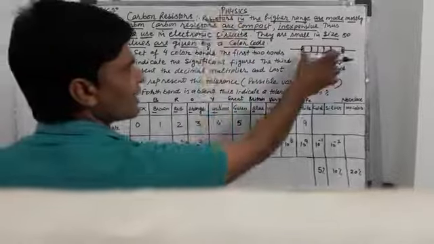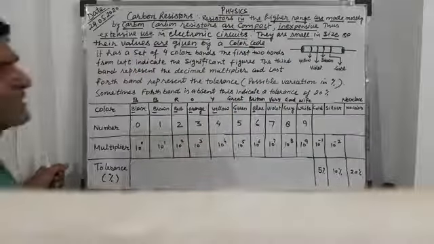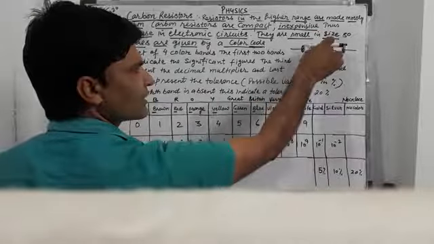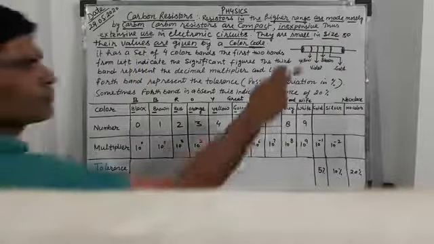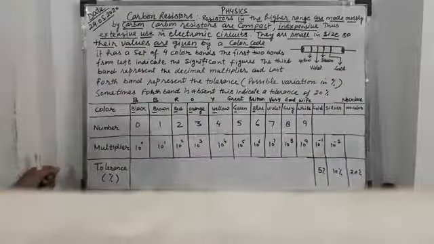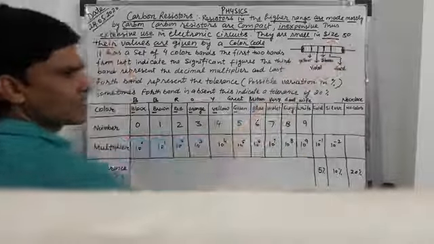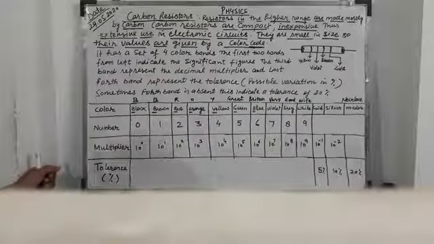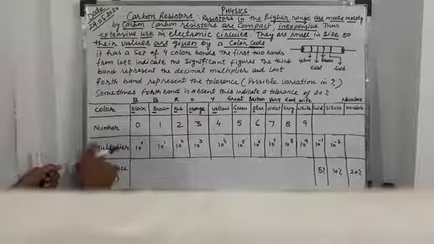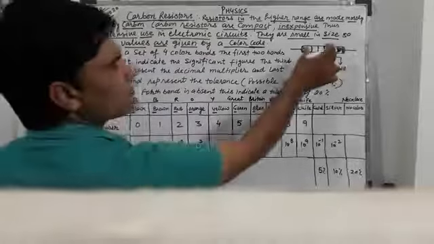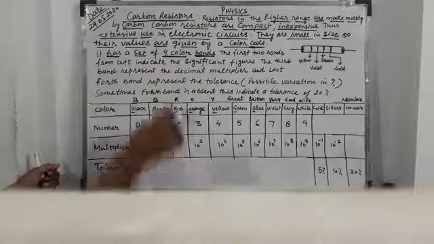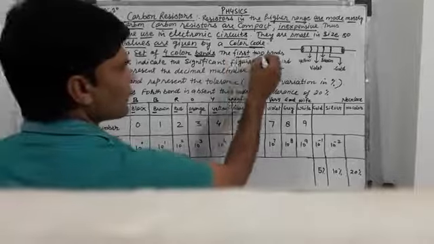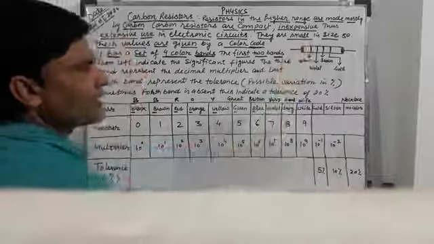Carbon resistors are in the form of a small cylinder with four color bands printed on it, as the diagram represents.